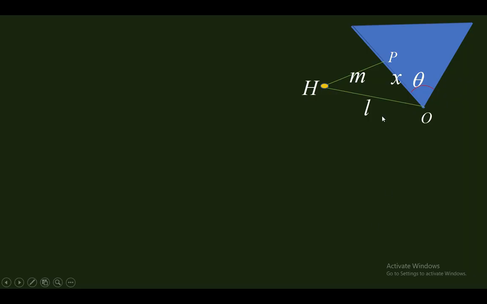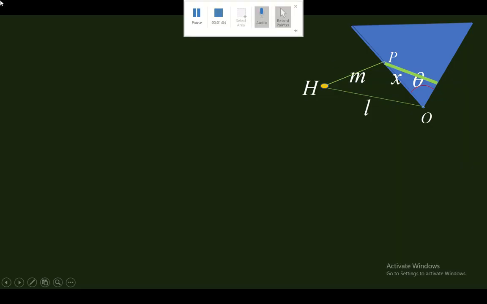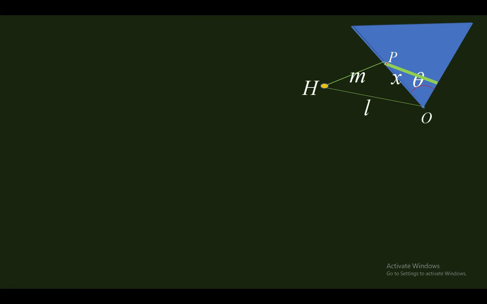Suppose P is at a distance x from O. When the angler has reached this point P, then obviously to have minimum time he'll have to swim along the shortest path from P to the other bank, and the shortest path will be a path that lands on this bank perpendicularly.